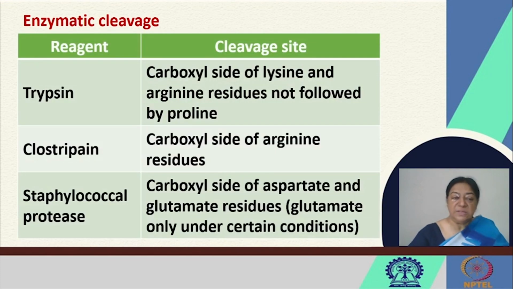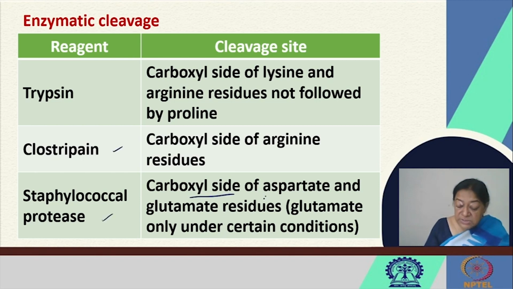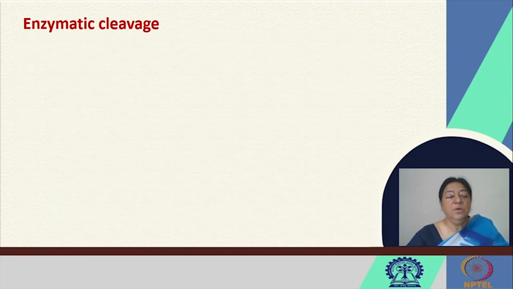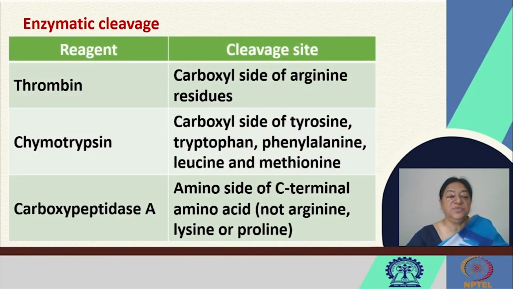There are other methods. Here's Clostridium, Staphylococcus protease, a V8 protease that cleaves on the carboxyl side of aspartate and glutamic acid and can be used to cleave only for glutamate under specific conditions where we have ammonium ions. Then we can also look at enzymatic cleavage for thrombin, for chymotrypsin, for carboxypeptidase as we saw, and also for elastase and pepsin.